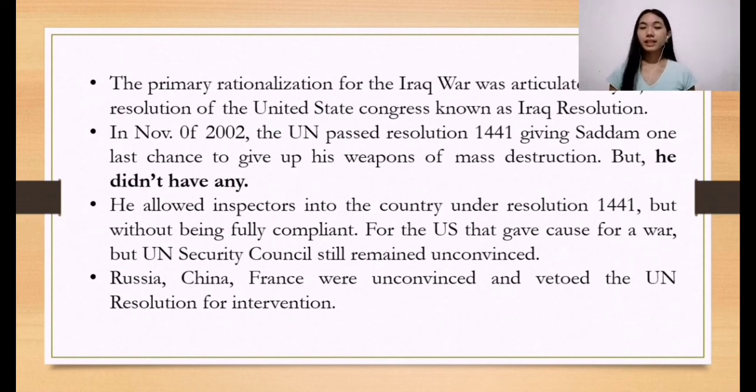For the US, that gave cause for a war, but the United Nations Security Council still remained unconvinced. They couldn't make a decision and were still in doubt. Russia, China, and France were unconvinced and vetoed the UN resolution for intervention, meaning they are against the resolution giving Saddam a chance to give up weapons of mass destruction, because those three countries think that Saddam doesn't have any weapons of mass destruction.